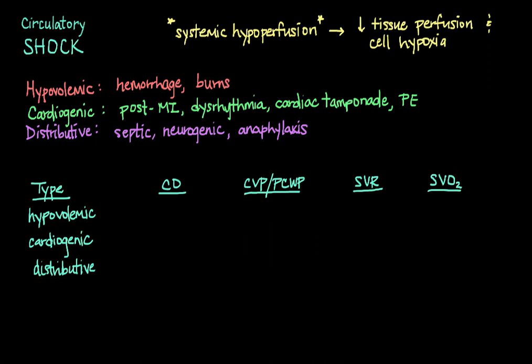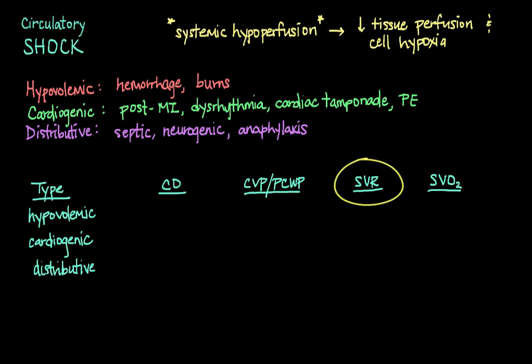So the central venous pressure is the pressure measured in the central vein, or the vena cava. So this is the major vein that is returning blood back to the heart. And the pulmonary capillary wedge pressure is basically a measurement of the pressure in the pulmonary capillaries, which correlates with the pressure and therefore amount of blood in the right atrium.